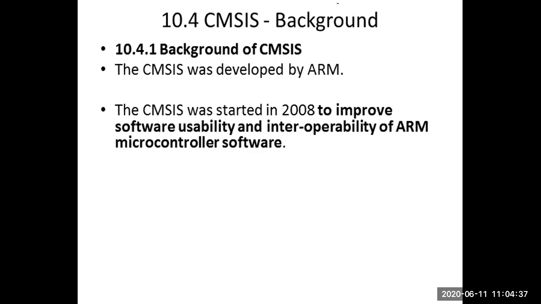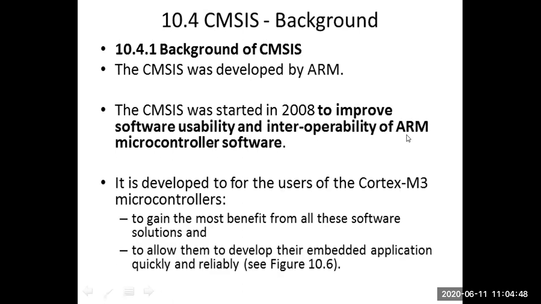Please see here, it was developed particularly for ARM microcontroller software, Keil or MDK. It is developed purposely for the users of Cortex M3 microcontrollers, the embedded design engineers who are developing their applications using the Cortex M3 microcontroller, for their benefit and ease of use.